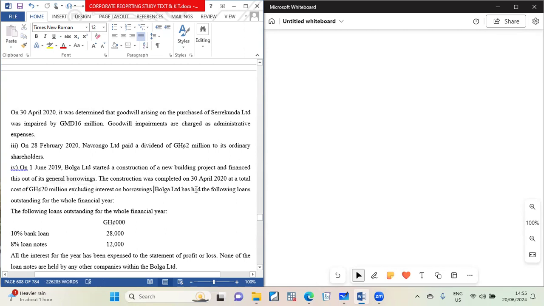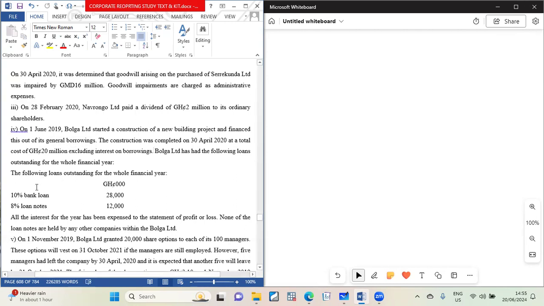Bolga Limited has had the following loans outstanding during the year, so probably where it got the money from. So this is borrowing cost, and it is a general borrowing. We will see what we will do applying borrowing cost, because borrowing cost is supposed to be part of the cost of the asset so that it can aid the depreciation. So basically that is that.